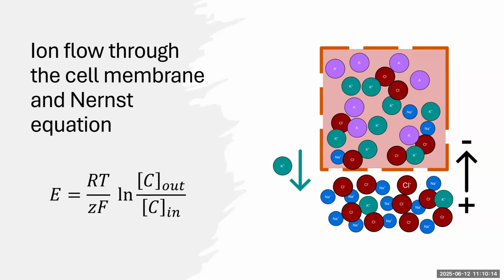Okay? And here R is your universal gas constant, T is absolute temperature, Z is the charge or valence of the ion, F is Faraday's constant, C out is concentration outside, and C in is concentration inside. Any questions? So for individual ions, this equation gives us the equilibrium potential for that ion.